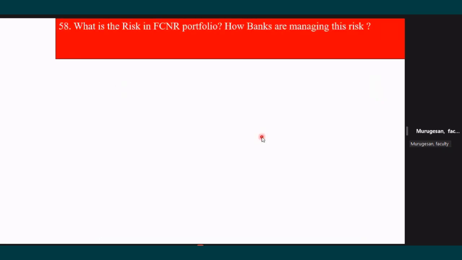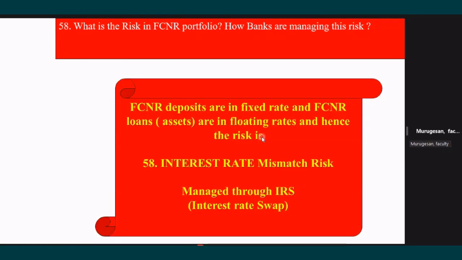Now risk in FCNR portfolio we already discussed, I think yesterday. FCNR deposits are locked at fixed rate, but FCNR advances, that is PCFC, EBR, are at floating rate. So whenever the floating rate comes down, the bank will suffer a loss. This loss is on account of interest rate mismatch. What is interest rate mismatch?